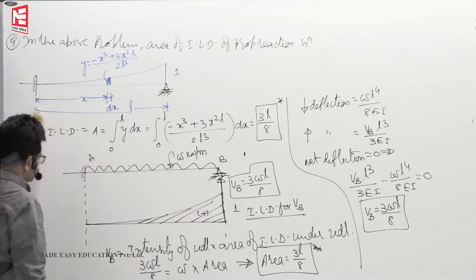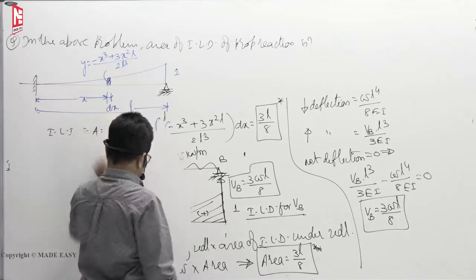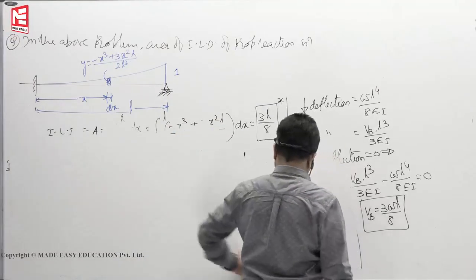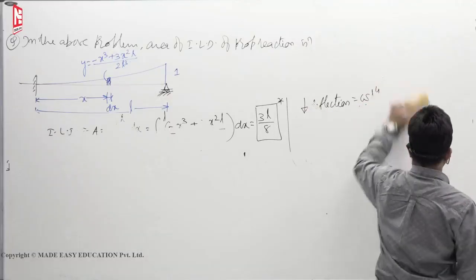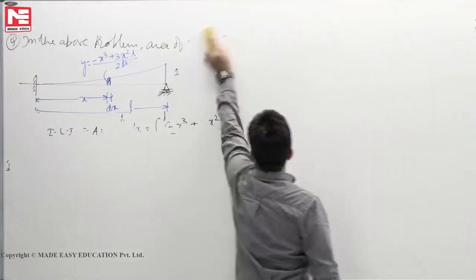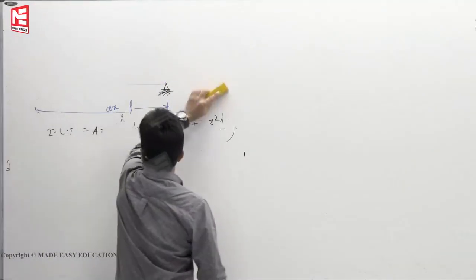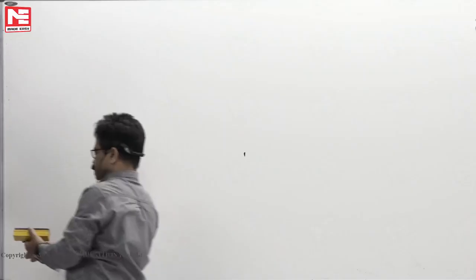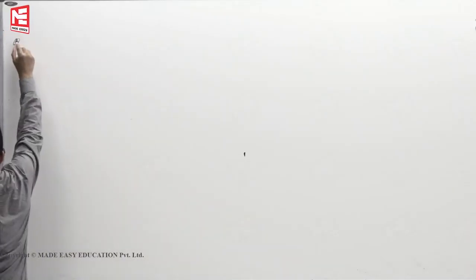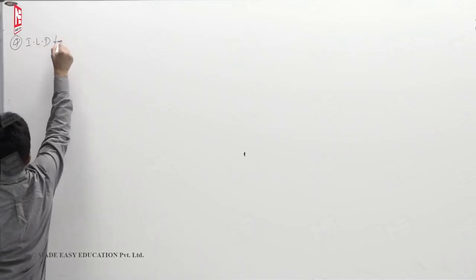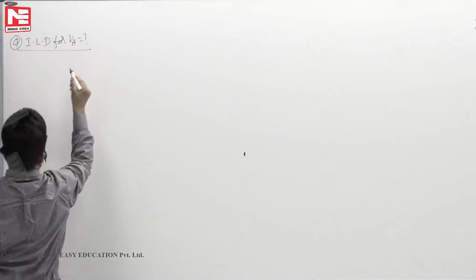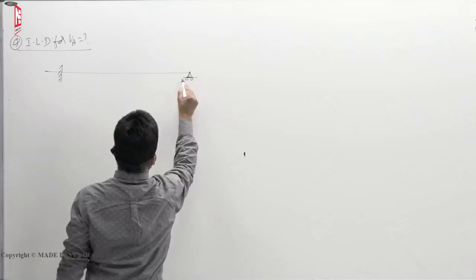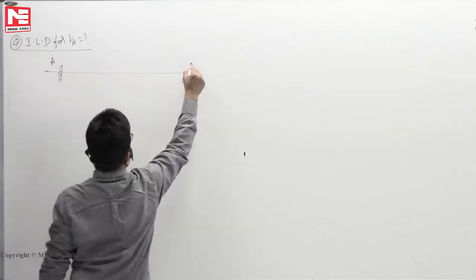This I remove. Next question is ILD for VA. AB.